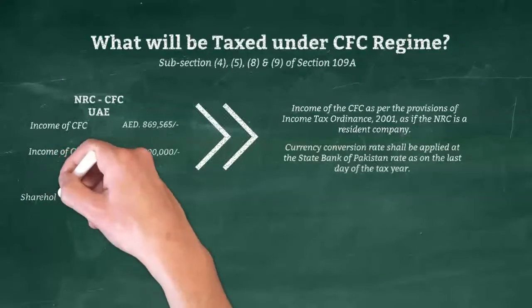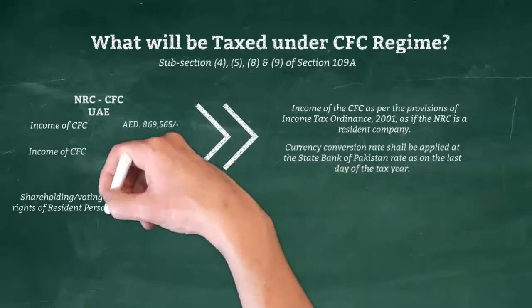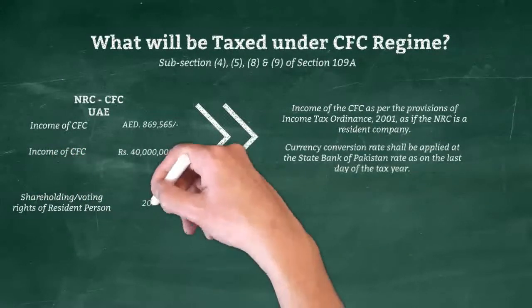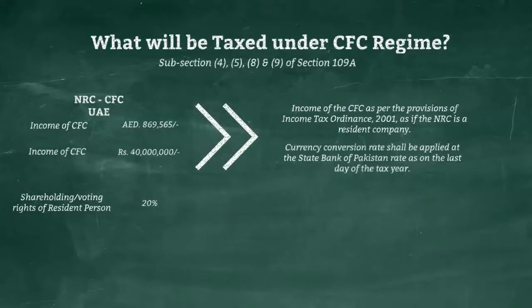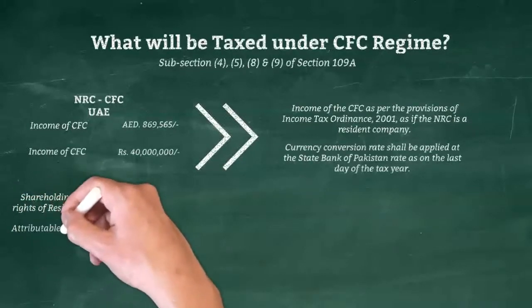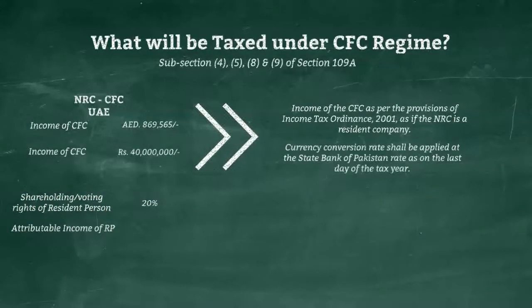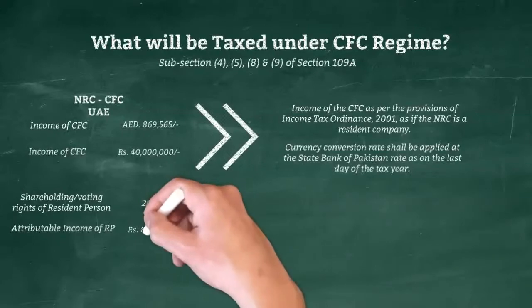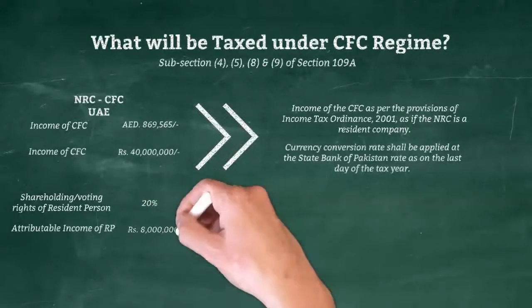Now let's assume a resident person, who is one of the shareholders, has 20% shares in the non-resident company. Then the income of the resident person shall be attributed according to the shareholding rate, that is 20% of 40 million, which is rupees 8 million.